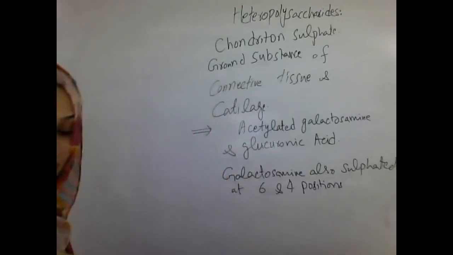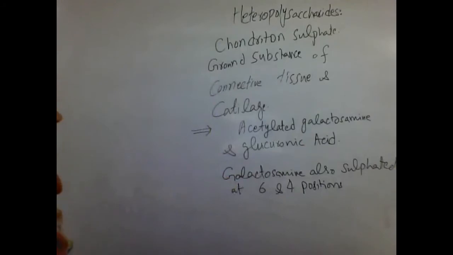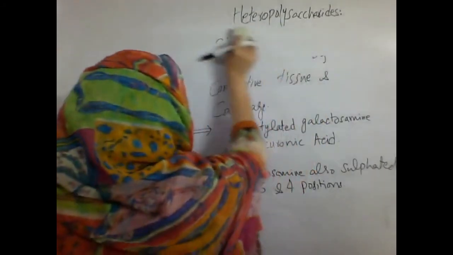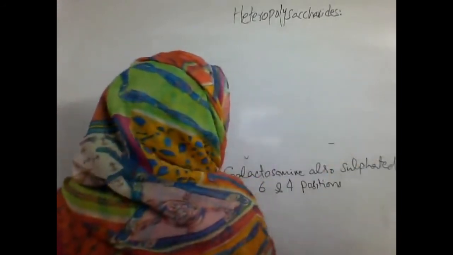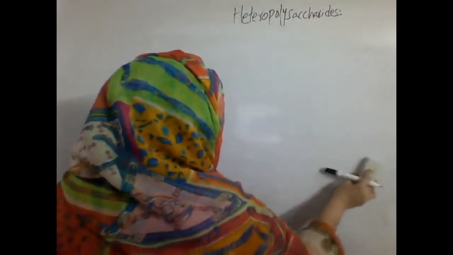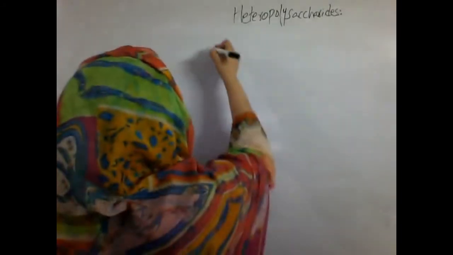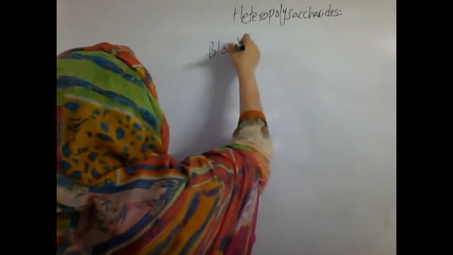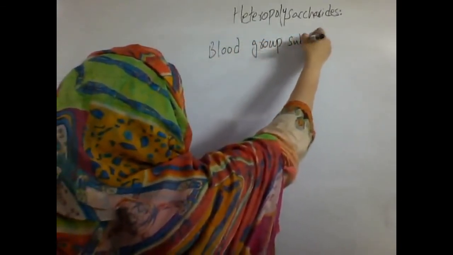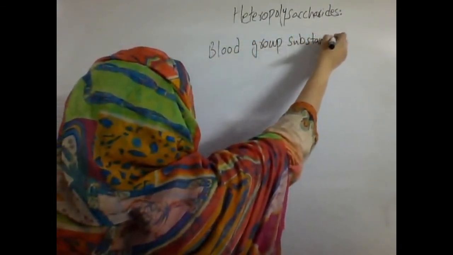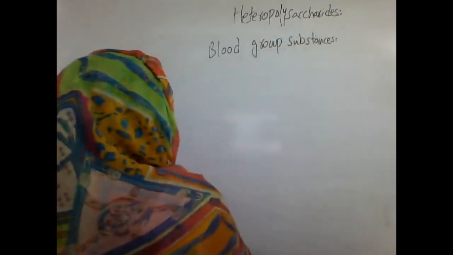Next one is the blood group substances. The examples of heteropolysaccharides: blood group substances.